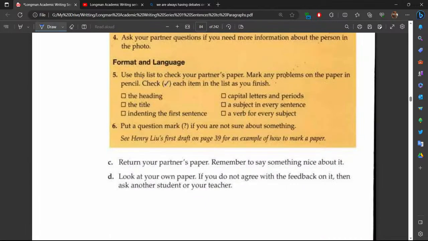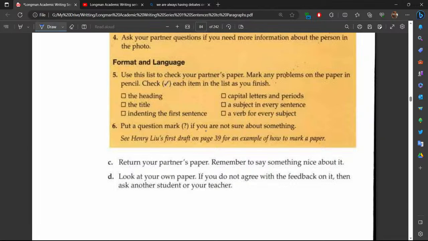Format and language. Okay, this is now. Use this list of check marks on the paper. Mark any problem on the paper in pencil. Check each item in the list as you finish. The heading, the title, the indenting of the first sentence, capital letters and periods, a subject in every sentence, a verb for every subject.